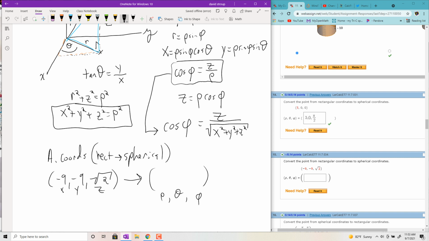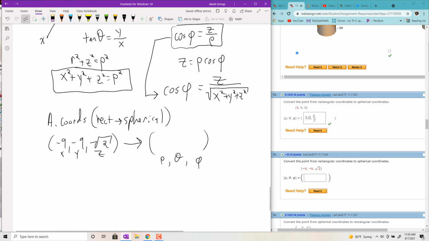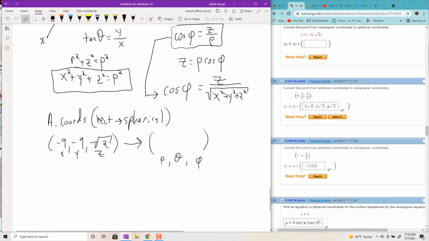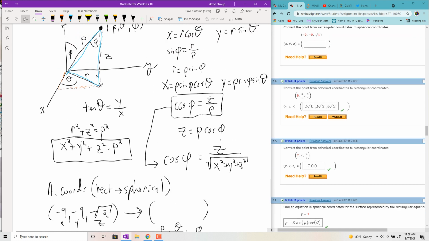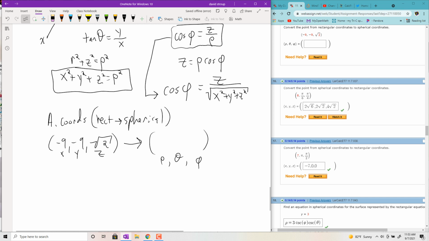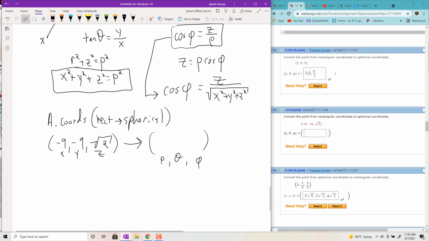Okay, this is rectangular to spherical, we're good.